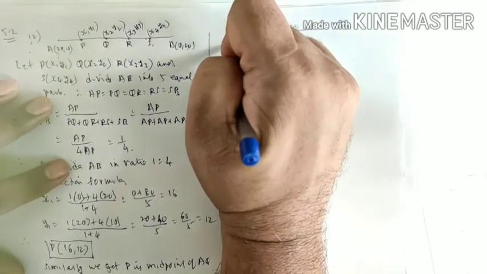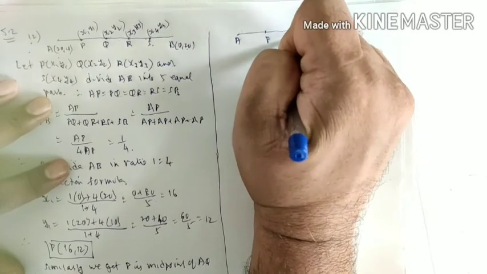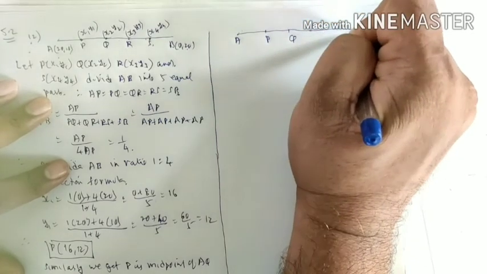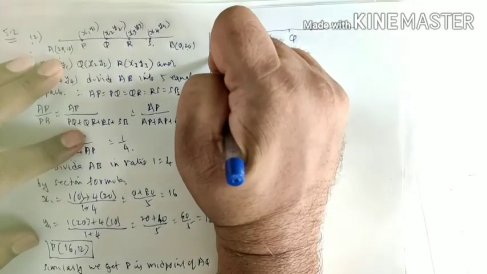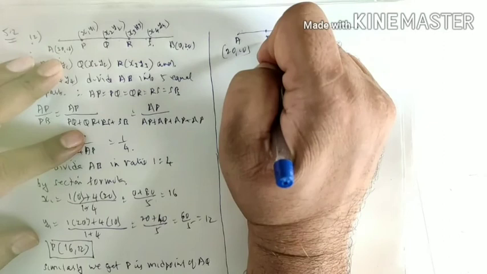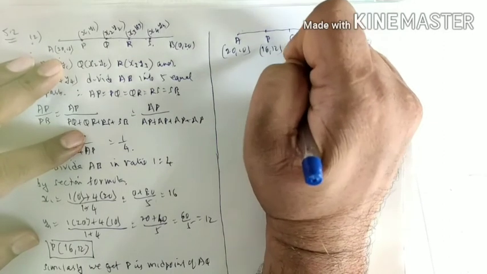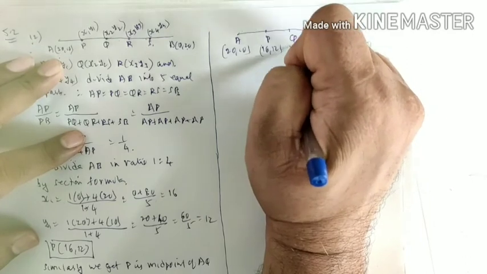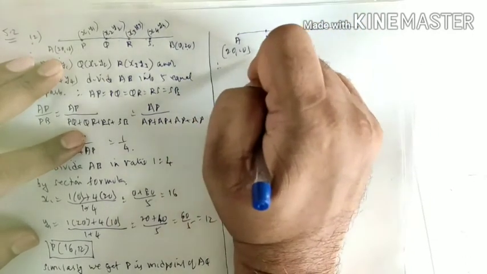See, this is A, this is P, and this is Q. P is midpoint of AQ we got. A is 20, 10. Coordinates of P we got 16, 12. Coordinates of Q is x2, y2. So what do we get here?